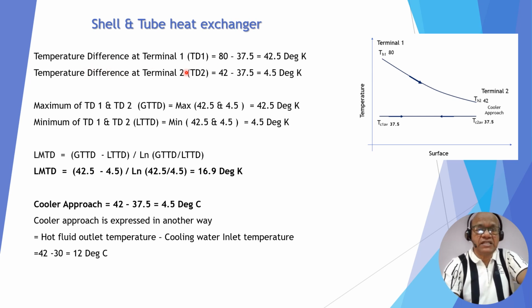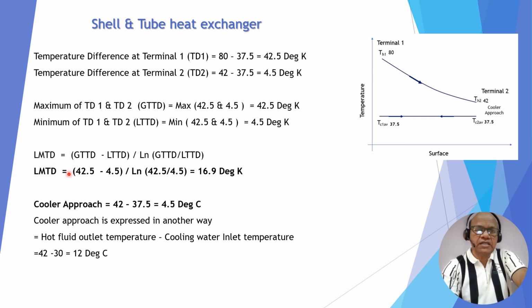So the temperature difference at terminal 1, TD1, is 80 degrees minus 37.5, which is 42.5, and at terminal 2 it is 42 minus 37.5, which is 4.5. The maximum of these two, GTTD, is 42.5, and the minimum, LTTD, is 4.5.